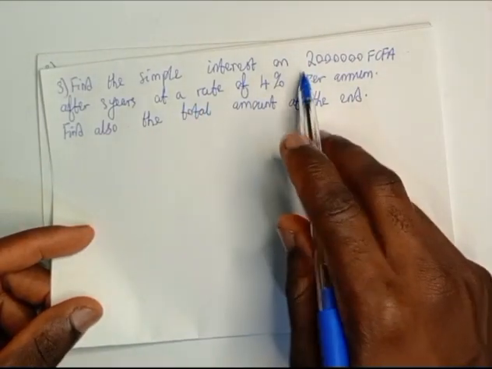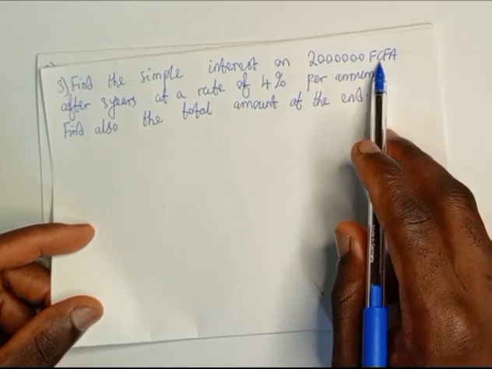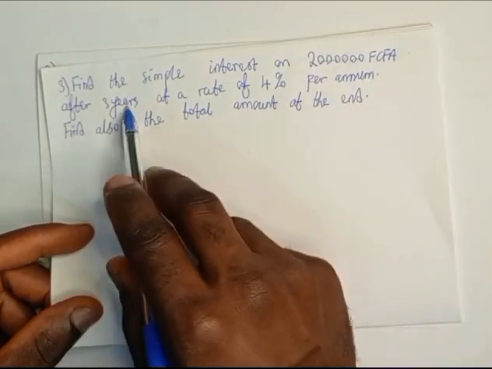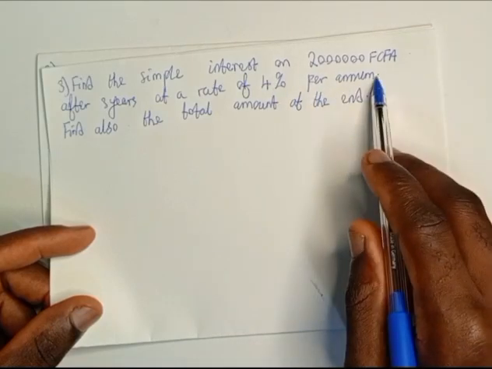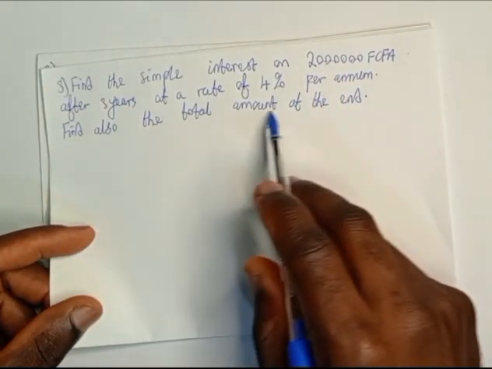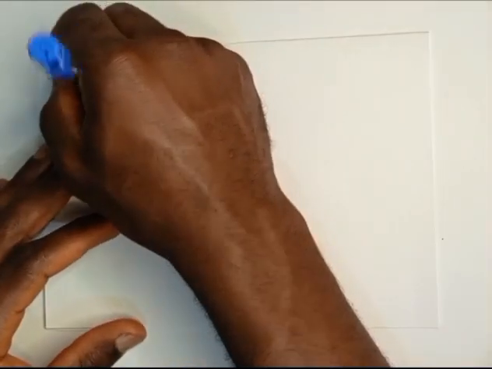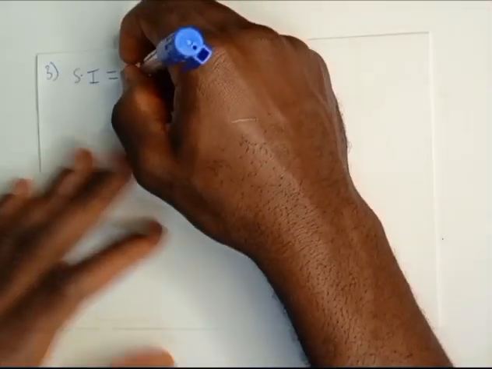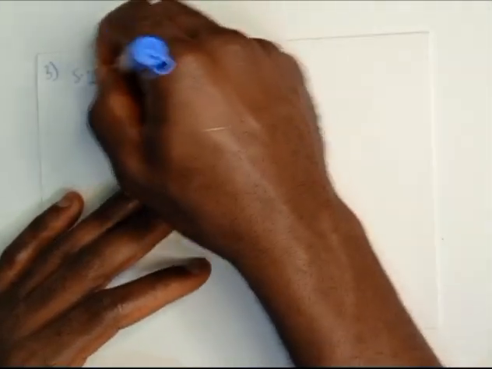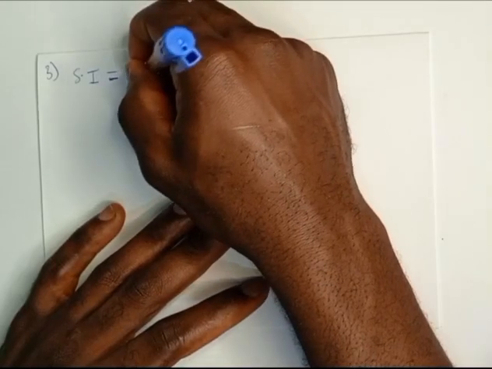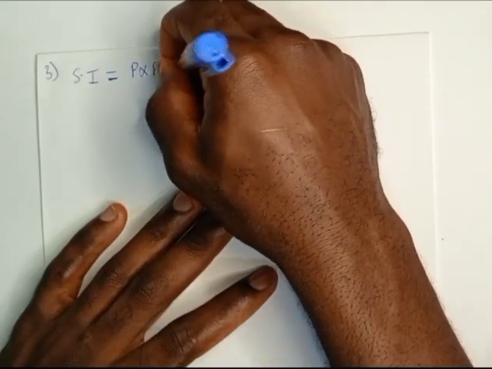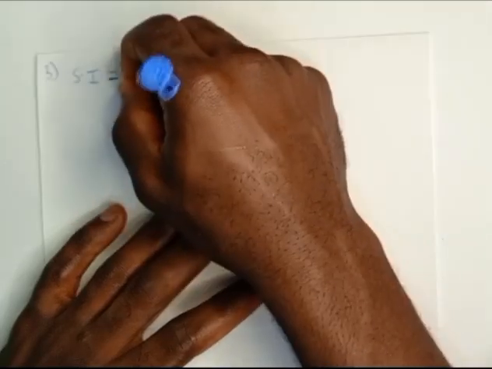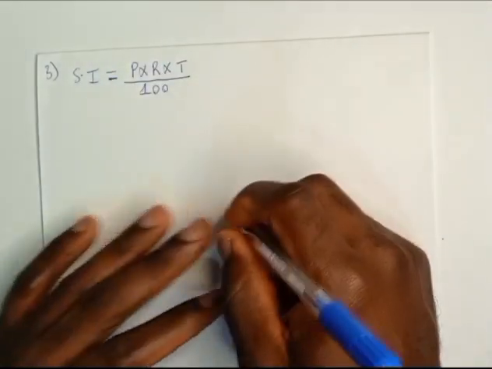Find the simple interest on 2 million francs CFA after 3 years at a rate of 4% per annum. Find also the total amount at the end. We have to calculate the simple interest. Simple interest is simply equal to take the principal times the value of the rate times the value of the time divided by 100.